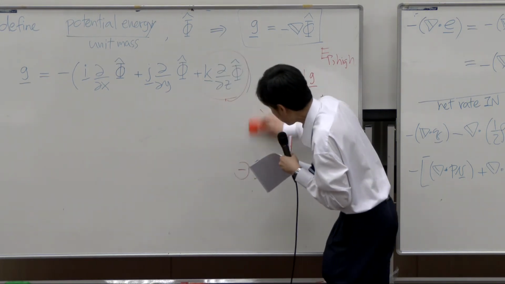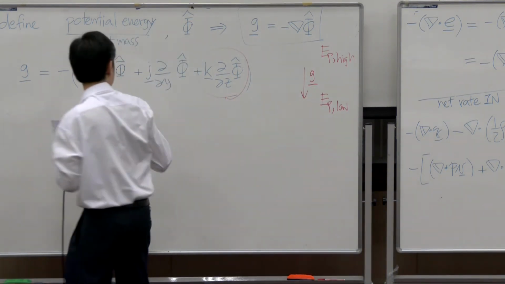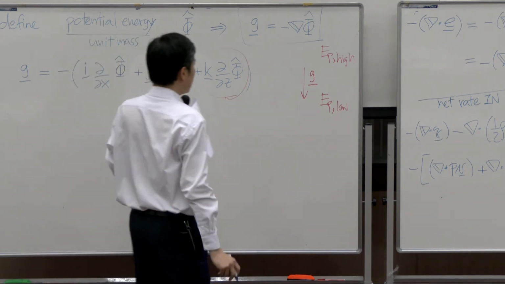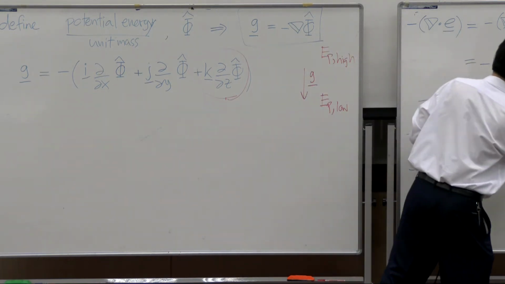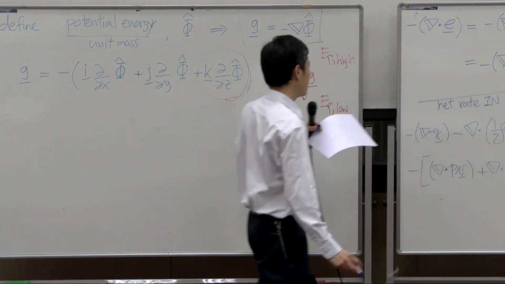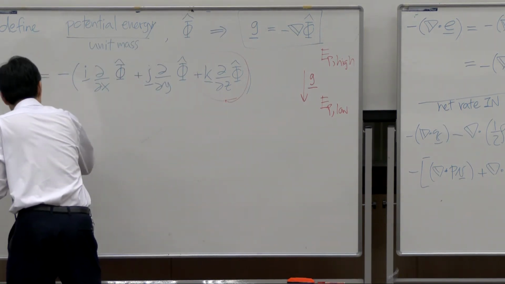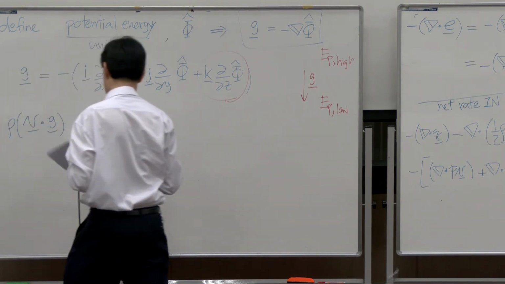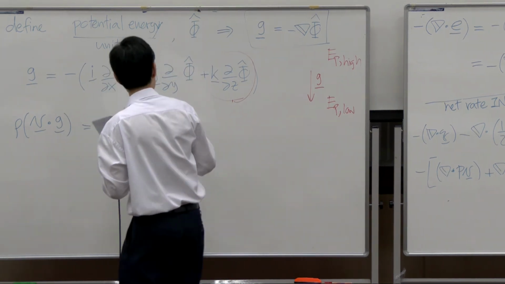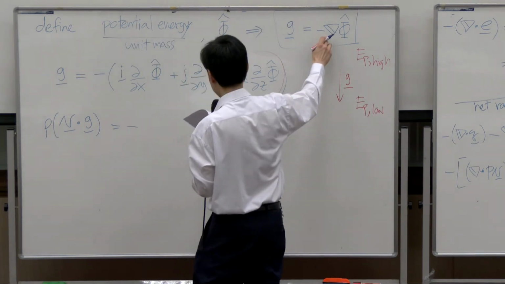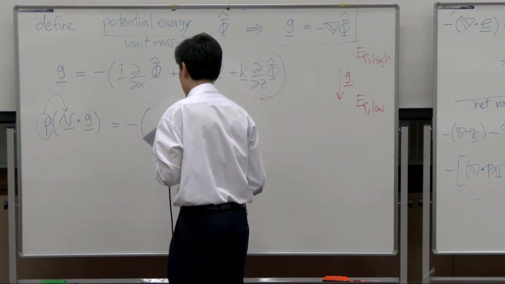So if you accept that this definition is okay, then we can use it. Now, in our balance, the only term containing G is the external force, or work by external force, rho v dot G. So if I calculate rho v dot G using this notation, I have minus from this part. Rho is scalar, so I can move rho together with the v.